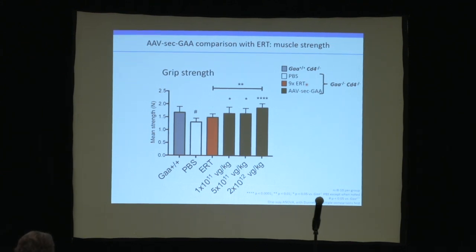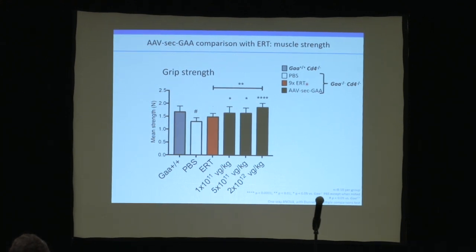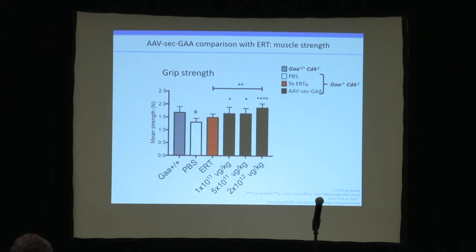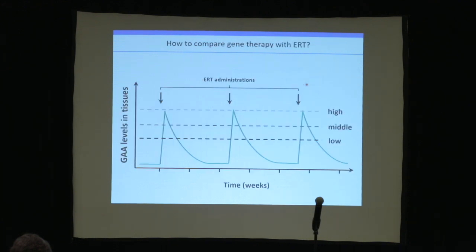Because, I mean, when I say grip strength, the relevance of these results is that with grip strength, you measure the force of a group of muscles. So whenever you rescue the grip strength, it means that you are rescuing anterior and forelimbs and the posterior limbs, and a lot of muscle groups, which is very important.